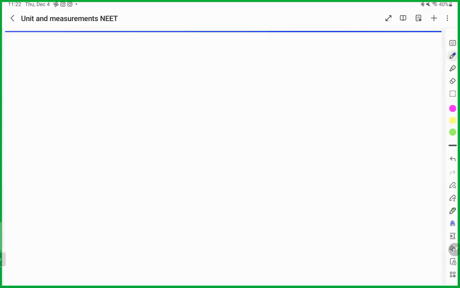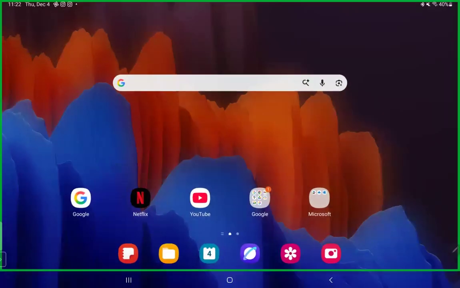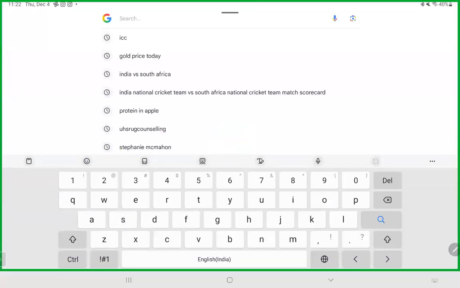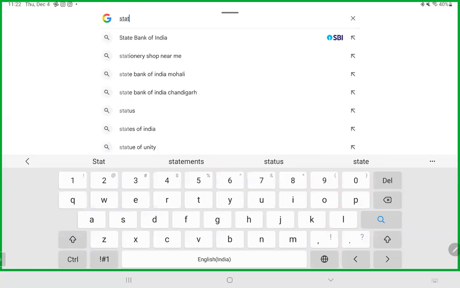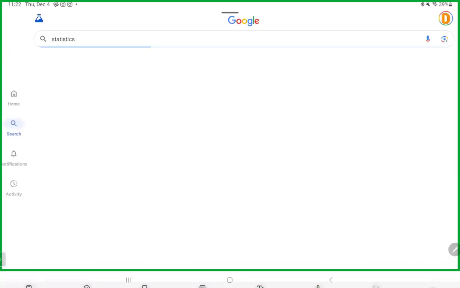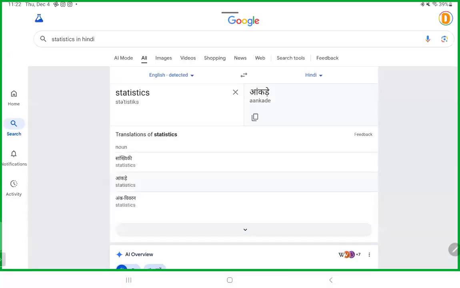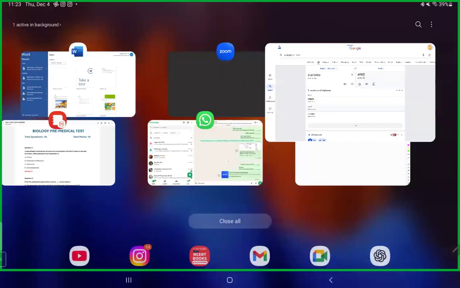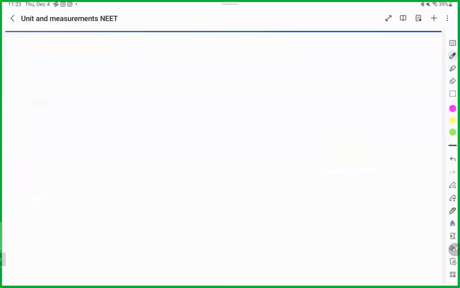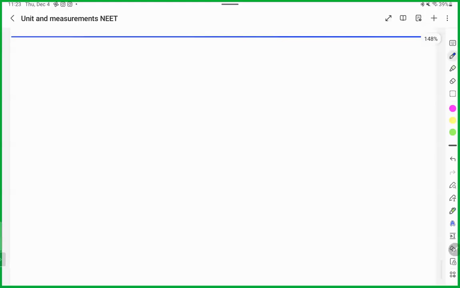It's very difficult. आंकड़े, सांख्यिकी. Yes, we have studied this, सांख्यिकी. It's very complicated in Hindi.